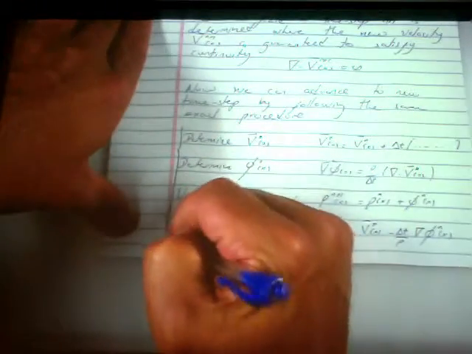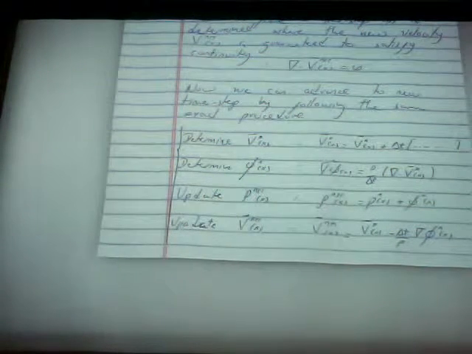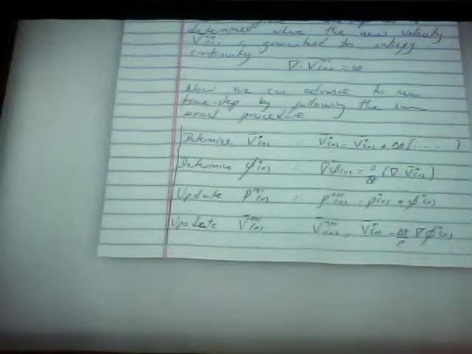And this is the solution process. Advance in time, advance in time, advance in time until you reach your final computation time, the final solution time, which you predetermine in the input file.